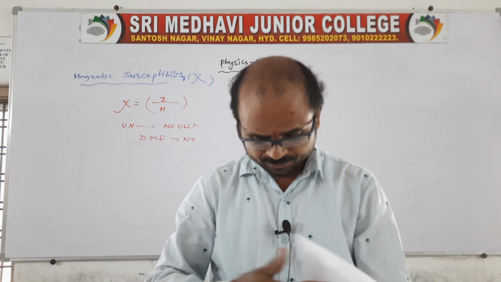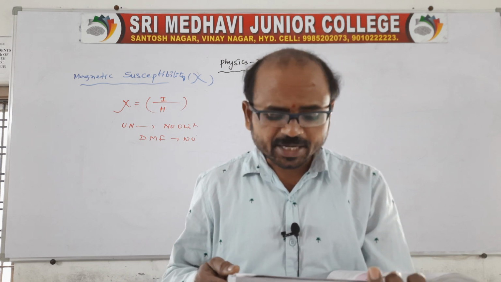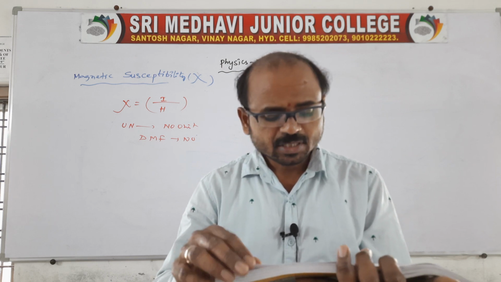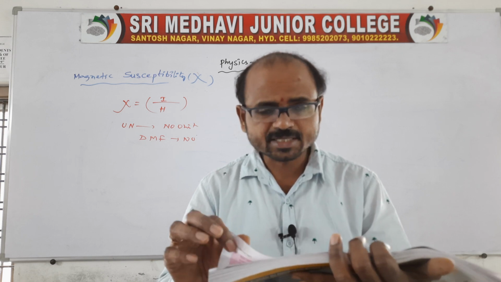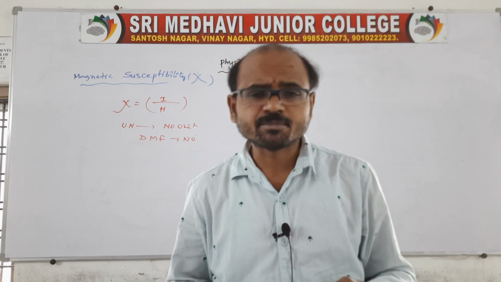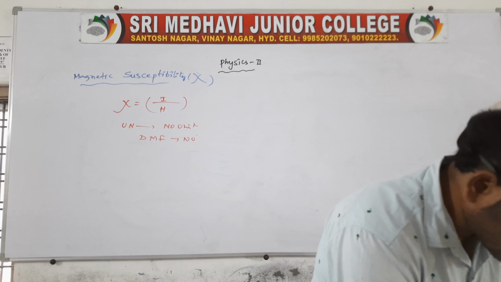Open the page number 239, which was given in the year of May 2015: compare the materials of para, dia and ferromagnetic substances. I'll explain para, ferro and diamagnetic materials in the next class. Before that, first you read this question, then I'll explain.